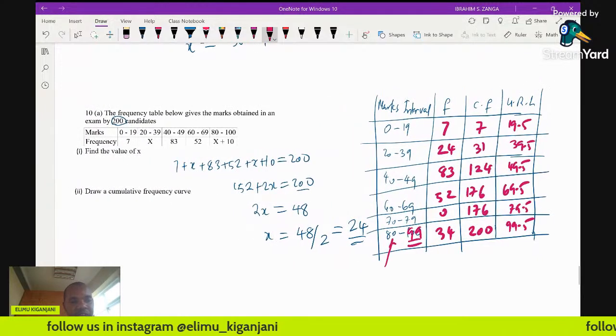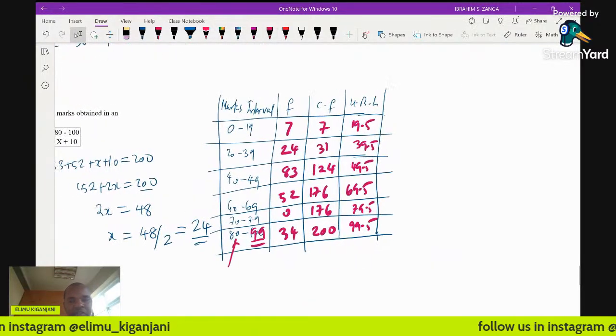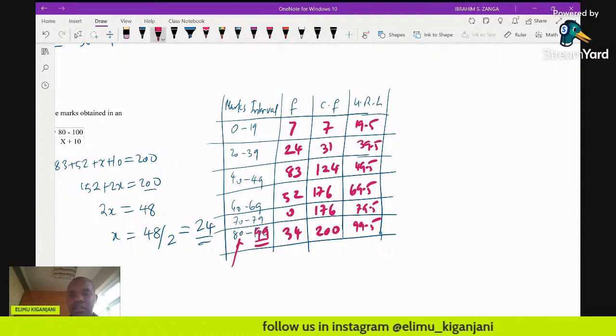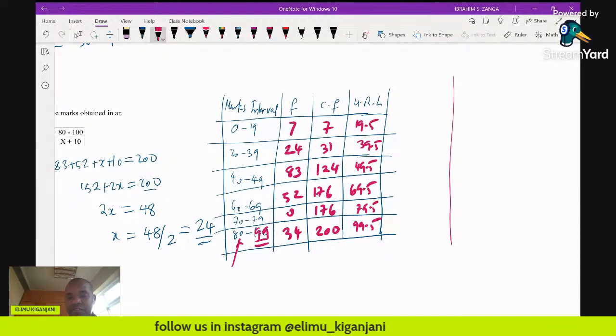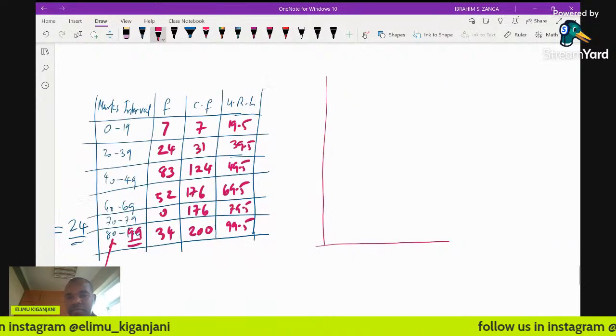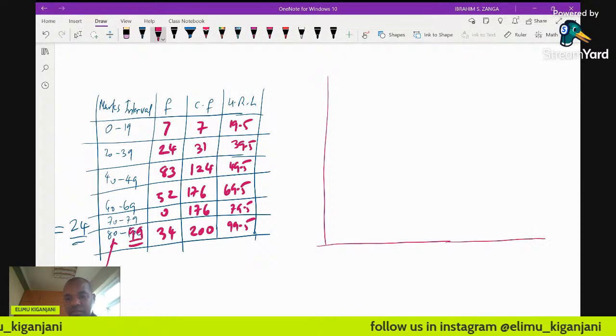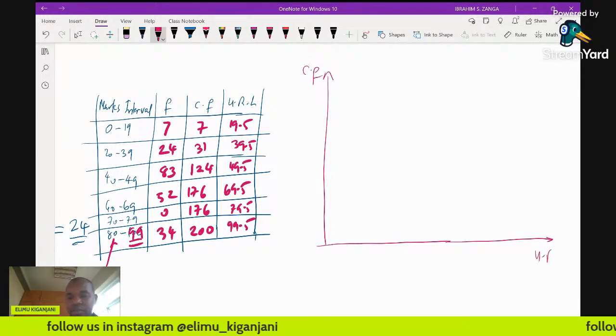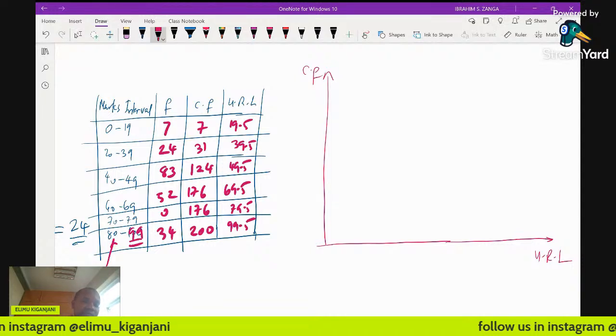So draw a cumulative frequency curve. We're going to draw it here, and the curve will be cumulative frequency against the upper real limit.